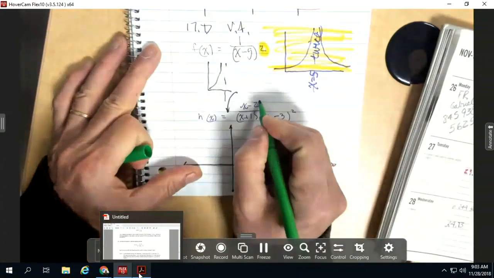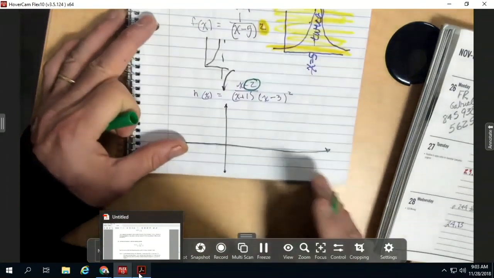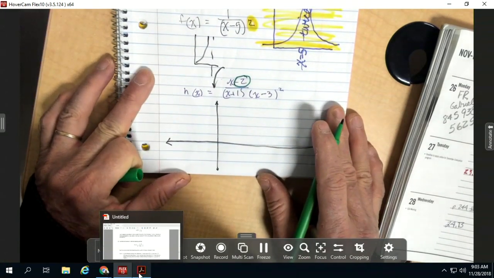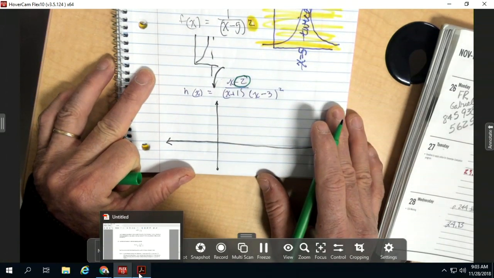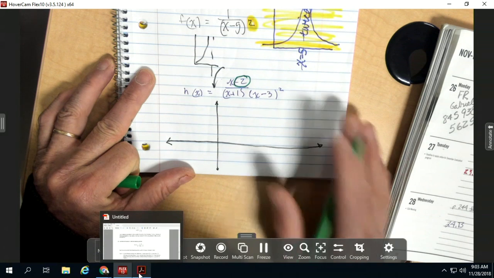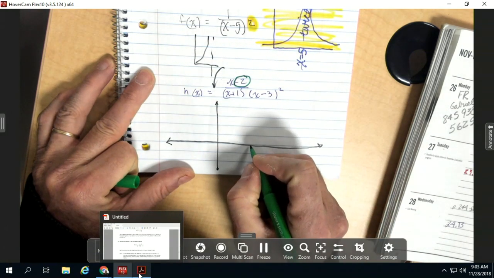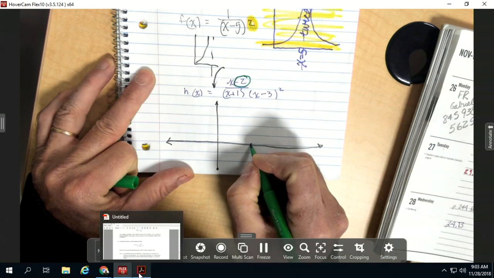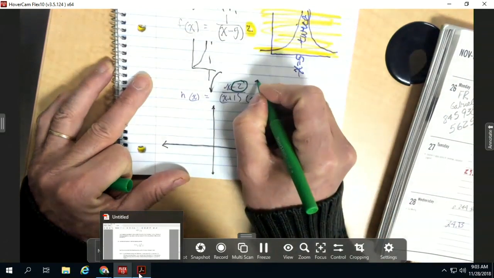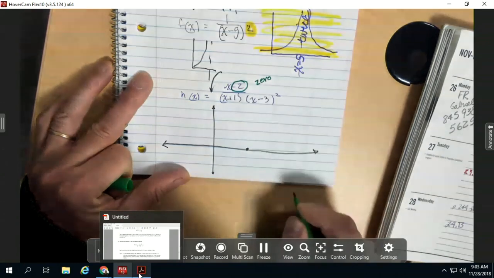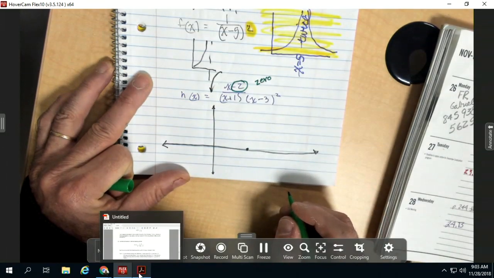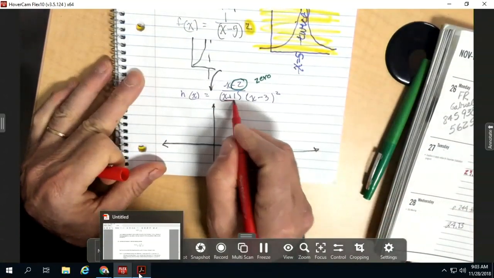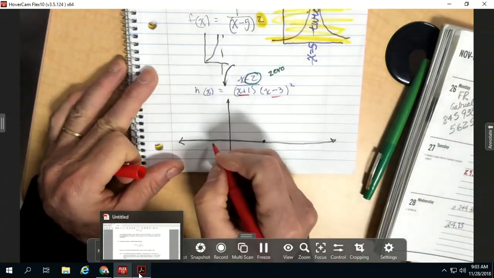Okay, what does this part right here tell us? X minus 2. Zero is at 2. Very good. So there's a 0 at 2. What does this and this tell us?